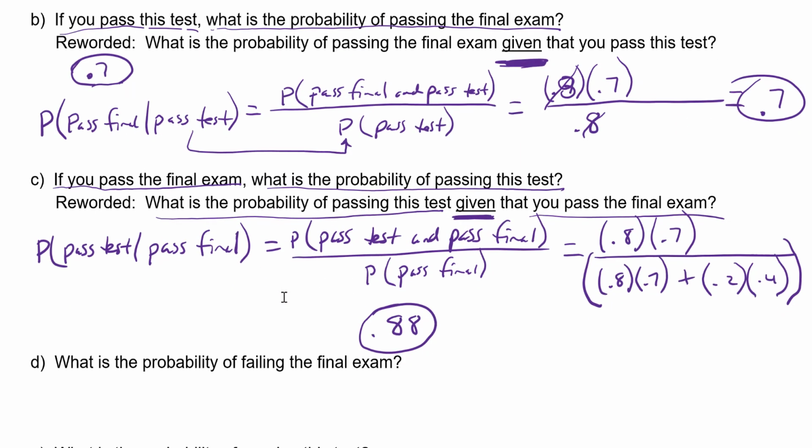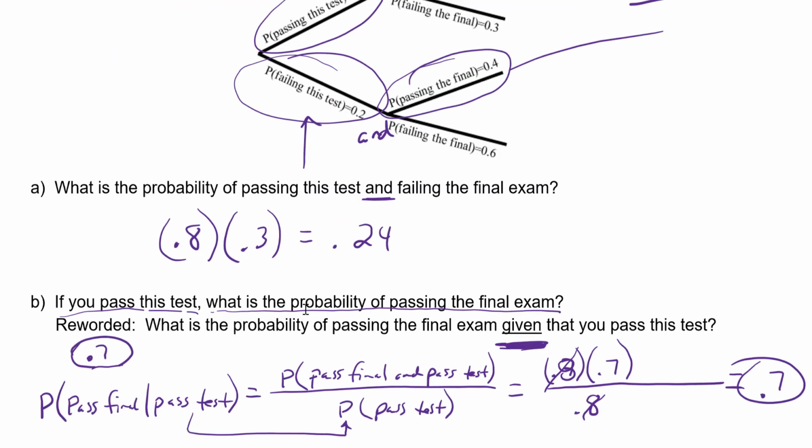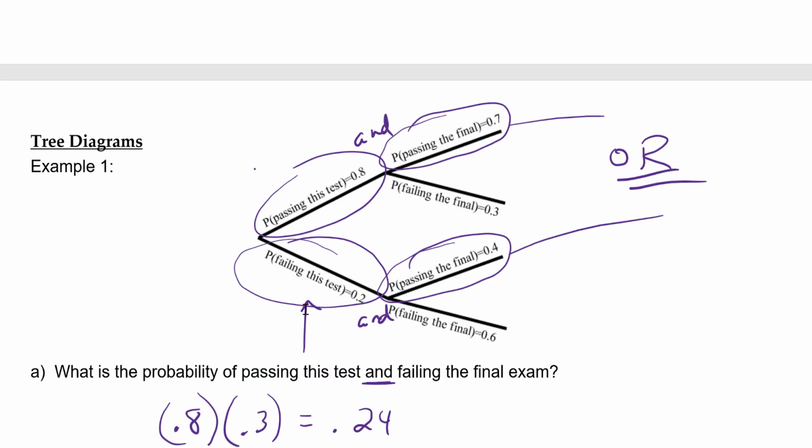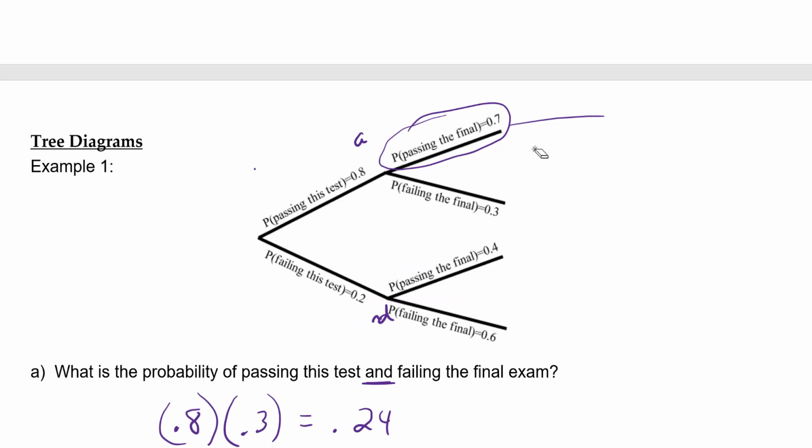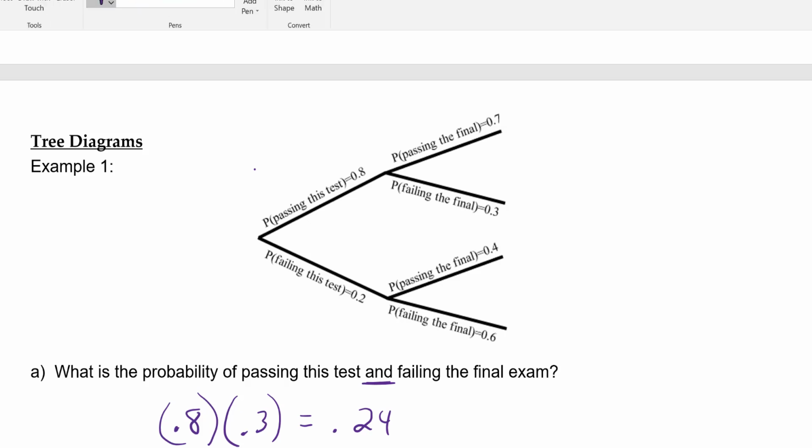The next question, it says, what is the probability of failing the final? So let's go back up here. Again, let me erase some of this stuff here. Okay, so it says, what is the probability of failing the final exam? So think about it.